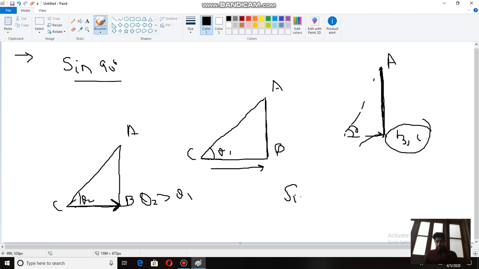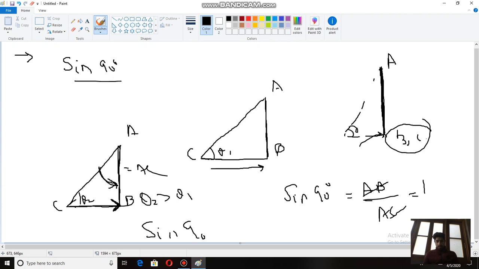In this case, sine 90 is equal to perpendicular AB over hypotenuse. This hypotenuse will be the same as AB, because it will superimpose AB completely. The length will be the same, AB will be equal to AC. That means AB by AC is 1. That means sine of 90 will be 1.